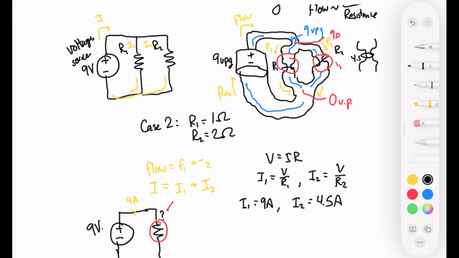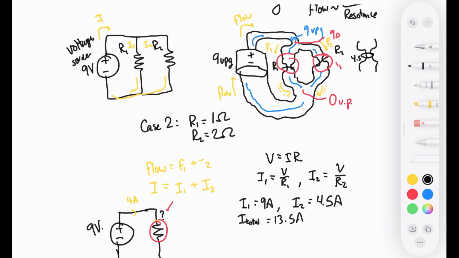So once again, we do what we did before. We know what the flow of each of these are. We have 9 coming this way and 4.5 coming this way. So we add these together and we get that the sum, or our I total, is equal to 13.5 amps.